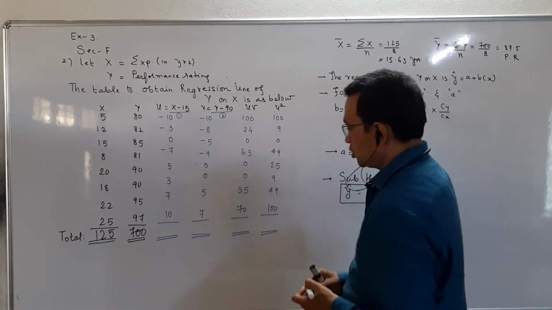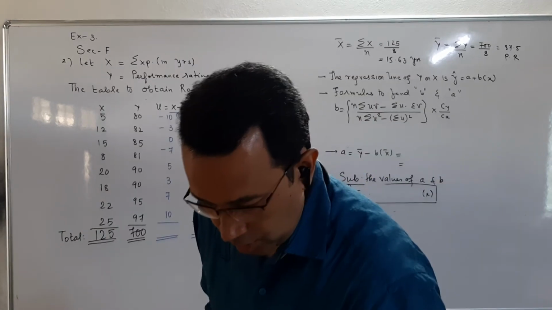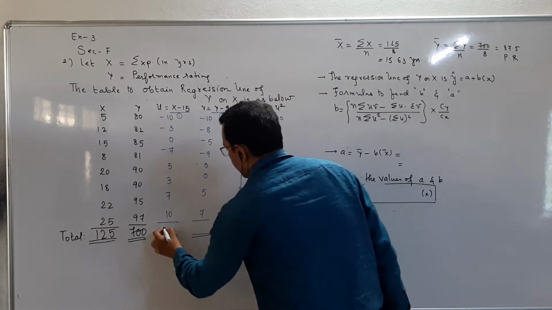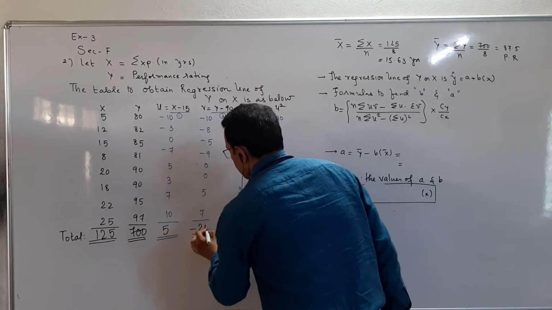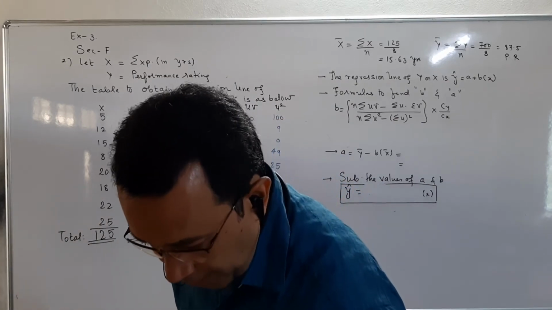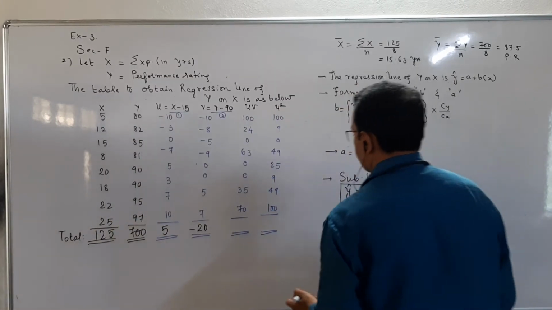So let us take the totals of all the columns. Total of u and v are 5 and minus 20. Then total of uv and u square are 292 and 341.